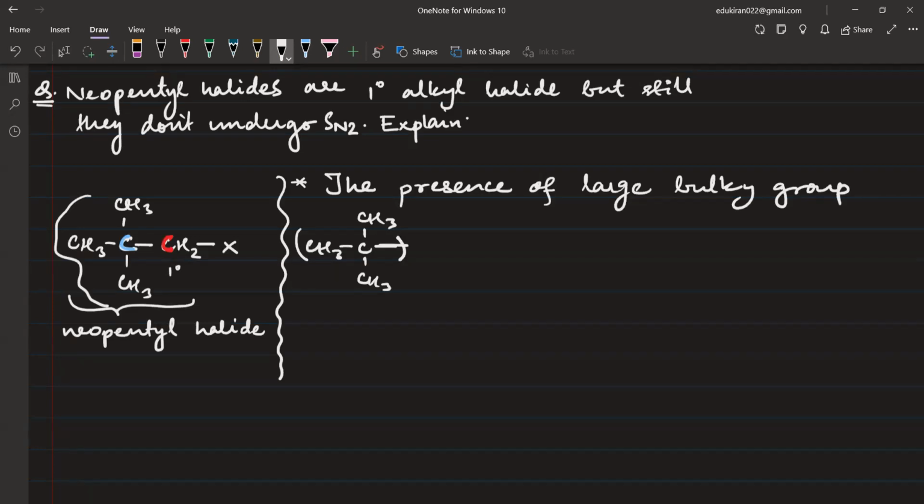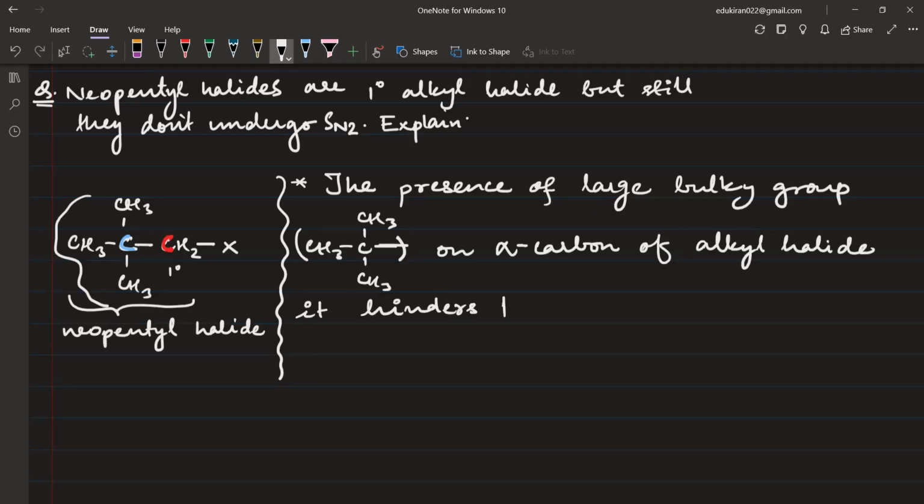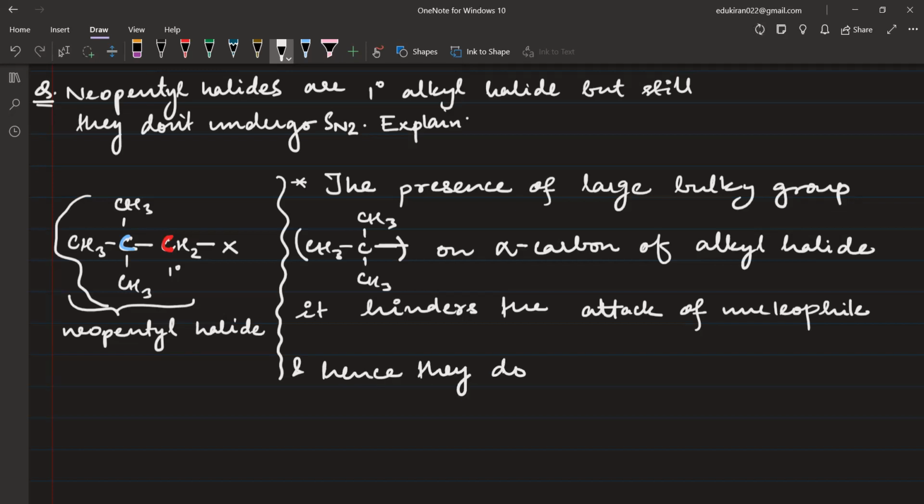Due to the presence of large bulky group on alpha carbon of alkyl halide, it hinders the attack of nucleophile, and hence they don't undergo SN2 reactions.